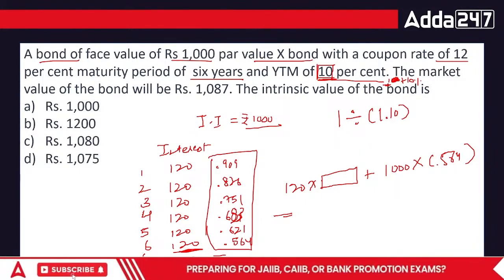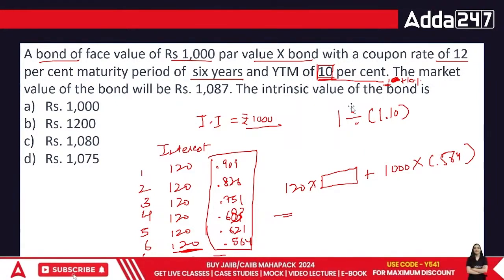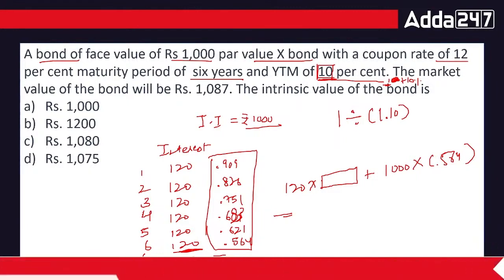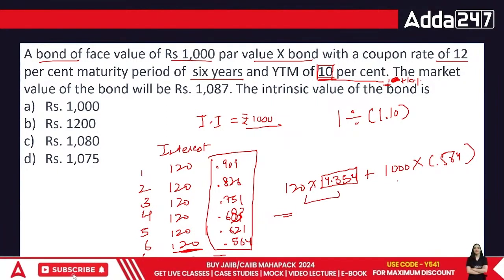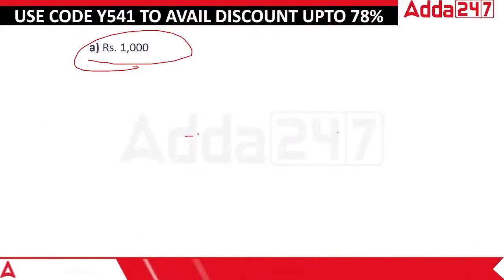That is 4.354. So technically in this case it's going to be 4.354. And when you multiply these individually, you will get the answer of 1000 rupees.